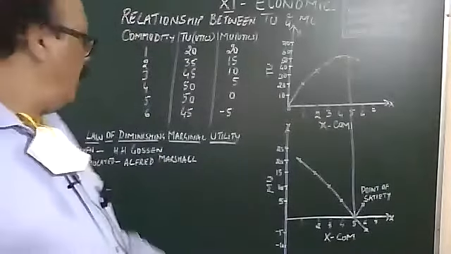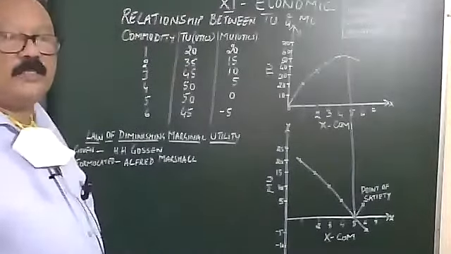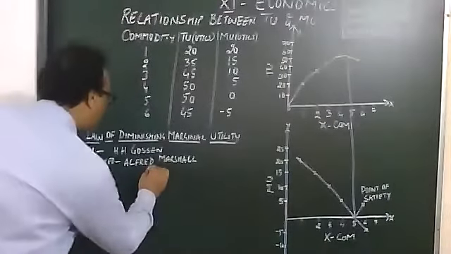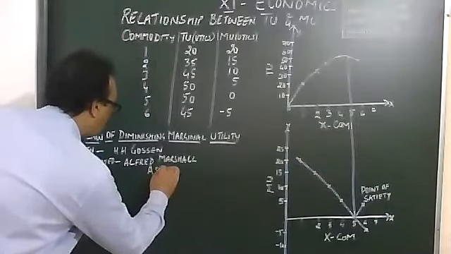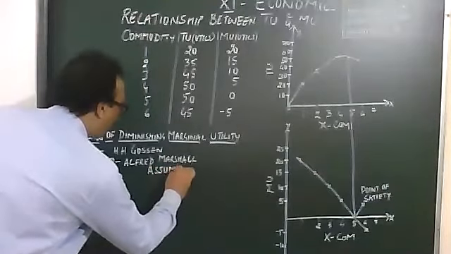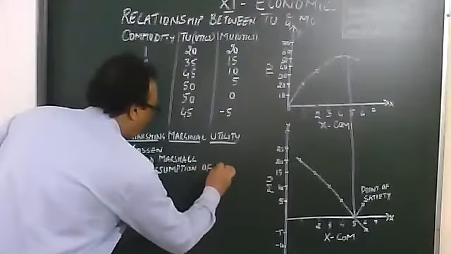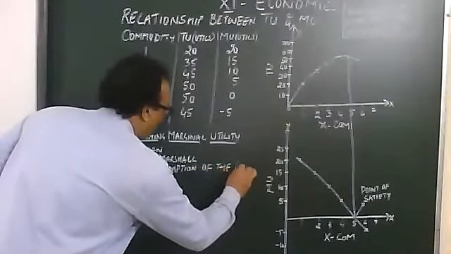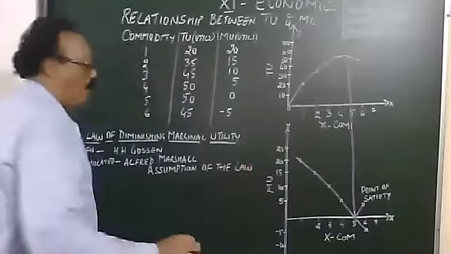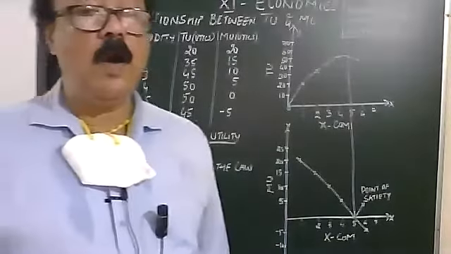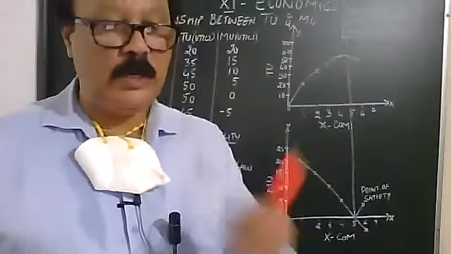Now the next after this is assumption of the law. Which law? The law of diminishing marginal utility.